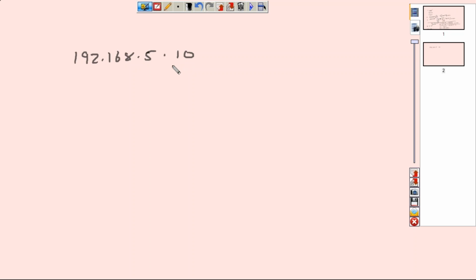Right. Now, every IP address, remember what I told you, contains information like a full address, including your name, your street, your state, your country. It's just like a normal postal address, which contains all these details.